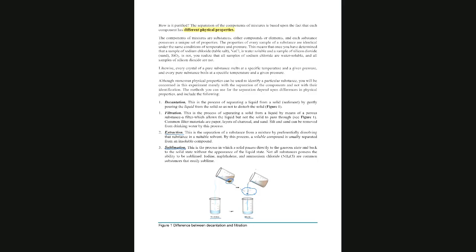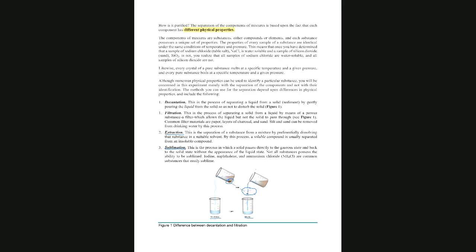So basically, we said that mixtures are separable into components by physical methods. I wanted to point out what that means. It means that the separation of the components uses the fact that each component has a different physical property.